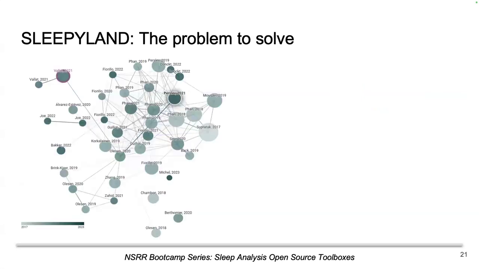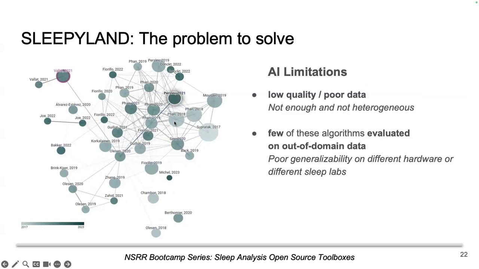Why we wanted to do that? Because, I'm sorry, this may be a little bit outdated, but the limitations with all these different sleep scoring algorithms that we had were that the majority of them were trained on low quality and poor data. So meaning maybe the data were not enough, were not heterogeneous.